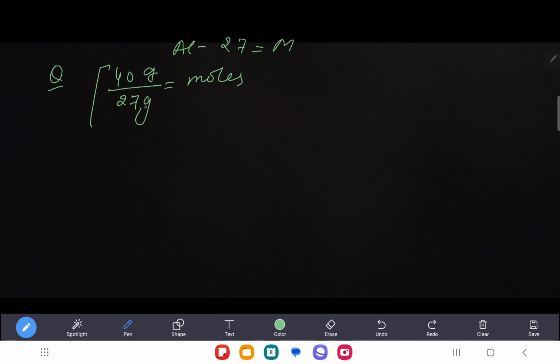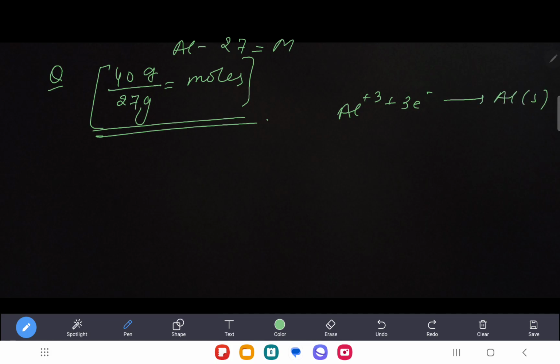Then have a look at the other part: 40 grams of aluminium. Aluminium's molar mass is 27. Given mass by molar mass will give me moles, so 40 grams over 27 grams shall give me the number of moles. Then we will write the formula, Al plus 3 and 3 electrons to attain Al solid.